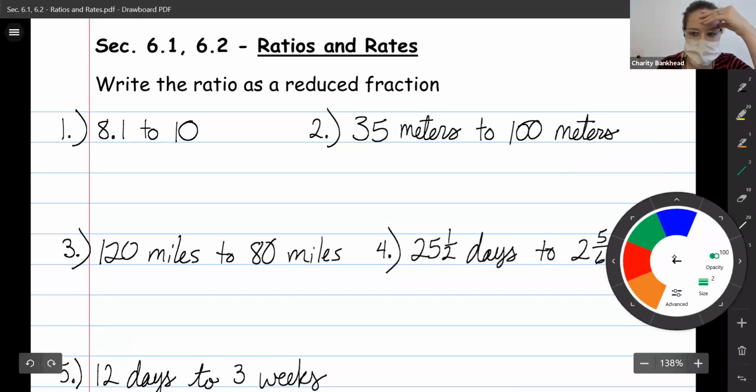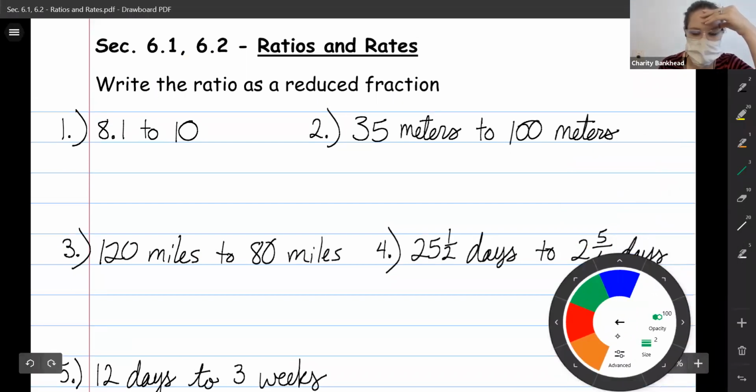All right, so we're going to talk about ratios and rates. Okay, and so we're going to write the ratio as a reduced fraction. So if it says 8.1 to 10, I would start by writing 8.1 over 10.